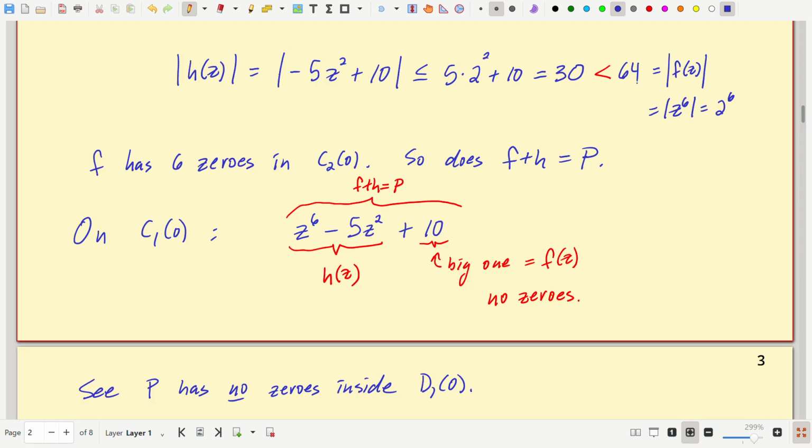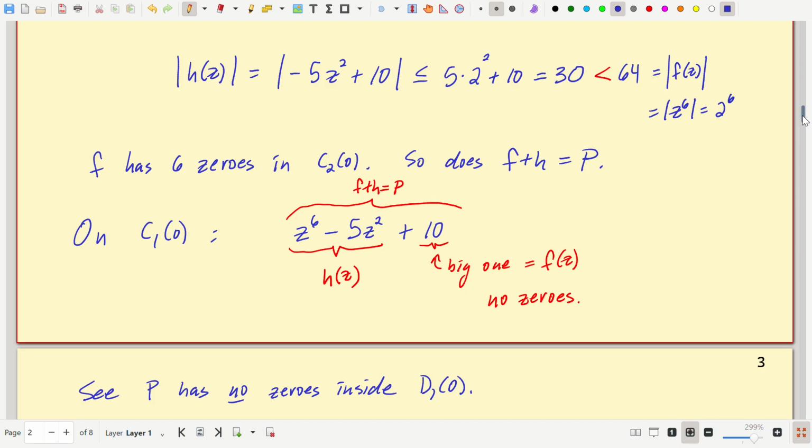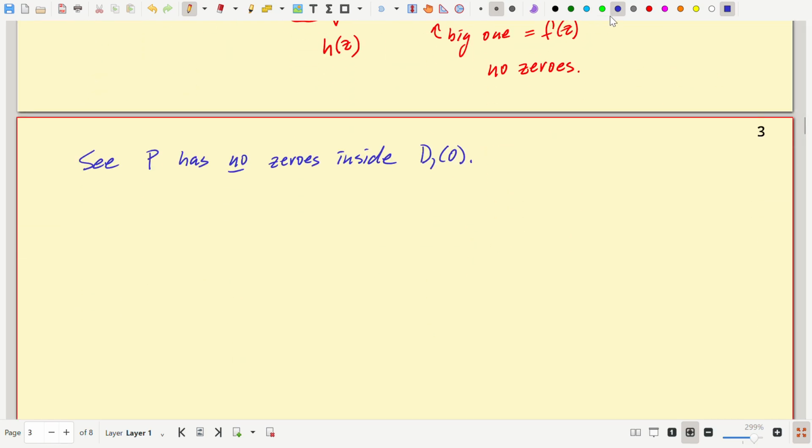Definitely less. Okay, so all the zeros, I guess to nail it, I should say, note. We know there's no zero. The hypothesis implies no zeros on those circles, on C1, or C2, whatever I chose my f and my f plus h to be, either.